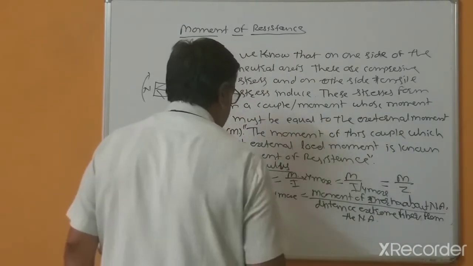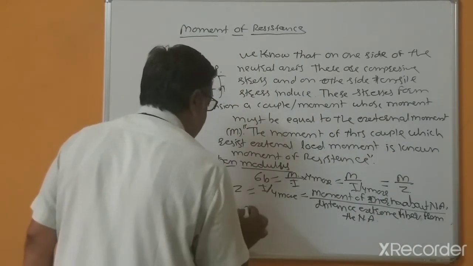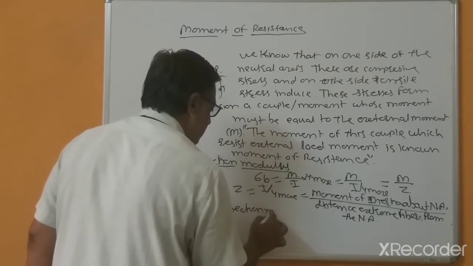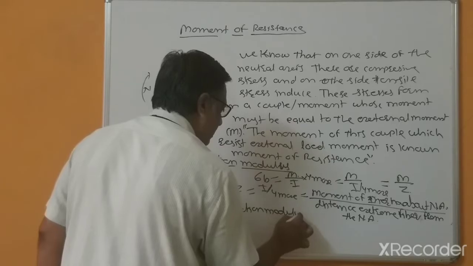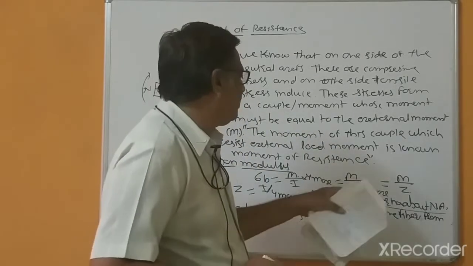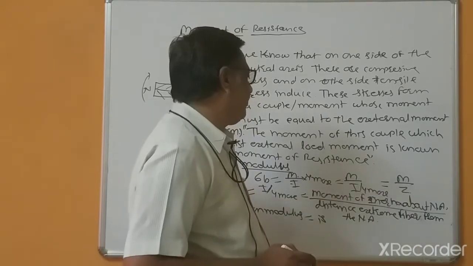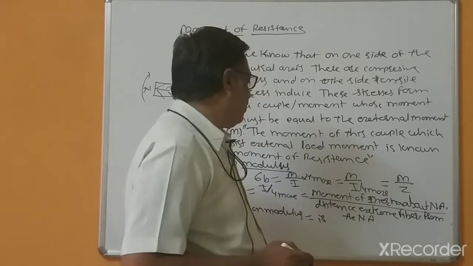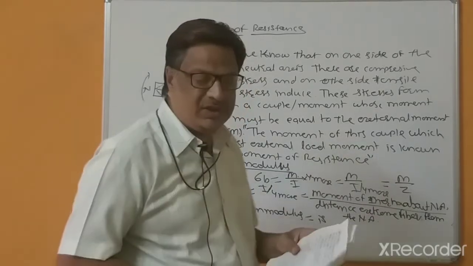So the section modulus is the ratio of the moment of inertia about the neutral axis to the distance of the extreme fiber from the neutral axis. That is called section modulus.